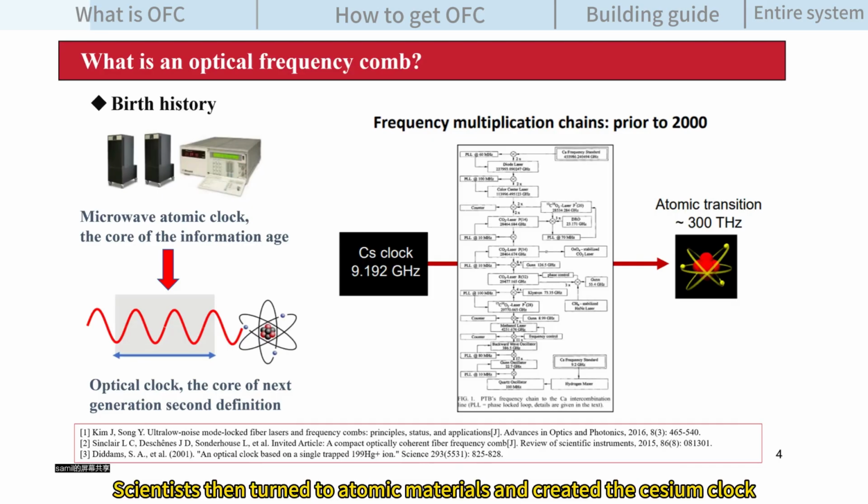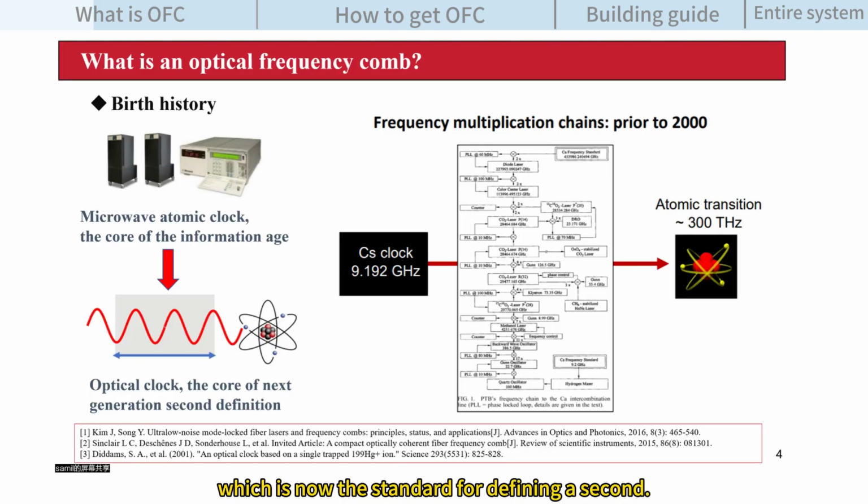Scientists then turned to atomic materials and created the atomic clock, which is now the standard for defining the second. The clock we all talk about has a name, the microwave atomic clock.